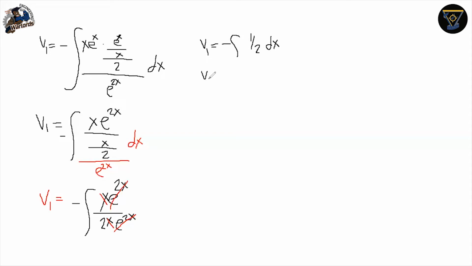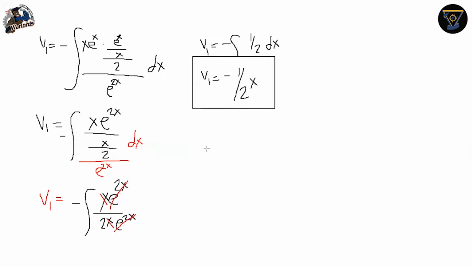So V1 now is equals to minus a half x. And this is your V1. Sometimes the integration can be a bit lengthy, but again, once you know how to integrate, then you'll be fine.